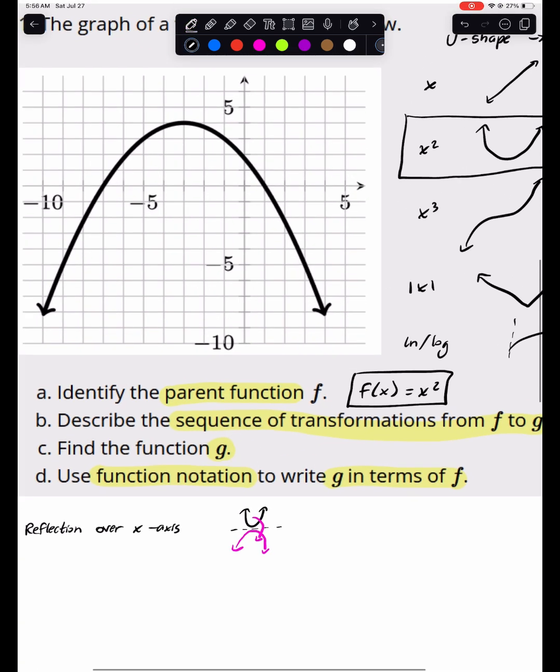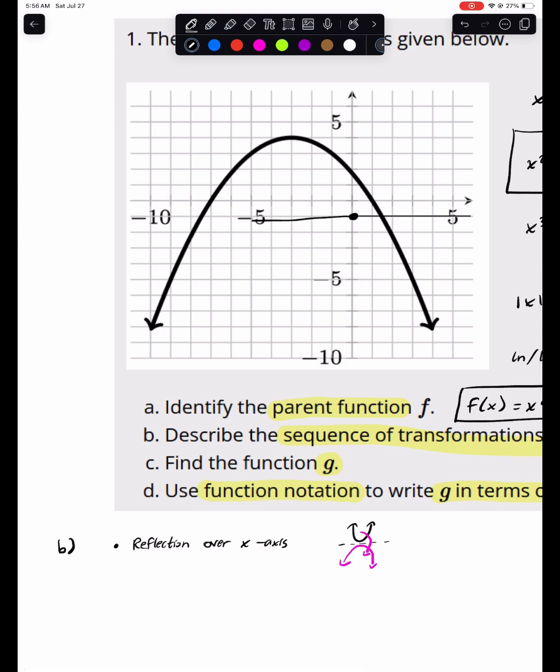And now we note that the origin is right here. And I'll make these axes a little more clear. Okay.